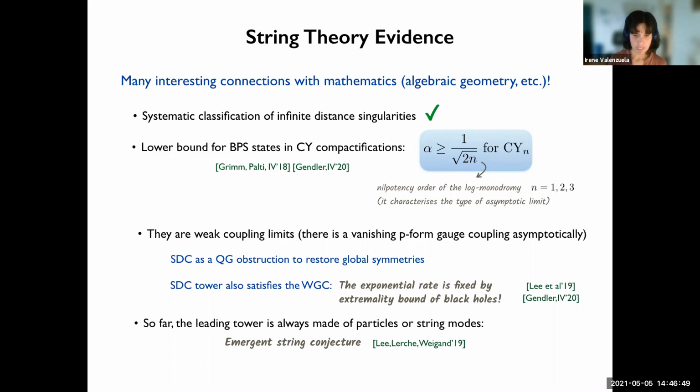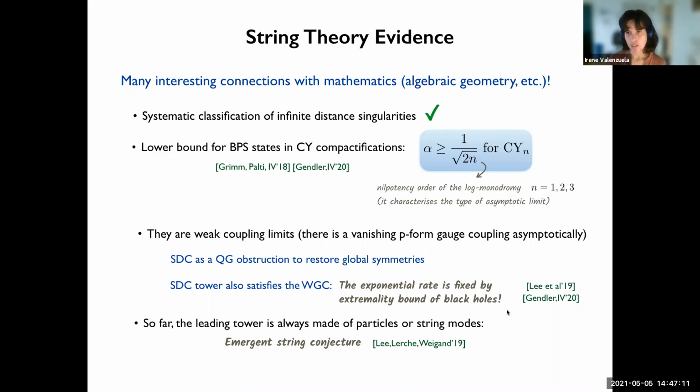Okay, and also just as a comment, so far, all the towers of states that we find are made of particles or string modes. And this is what led Timo Weigand and collaborators to discuss the emergent string conjecture, in which they claim that this is the only thing possible. But this is just based on examples.